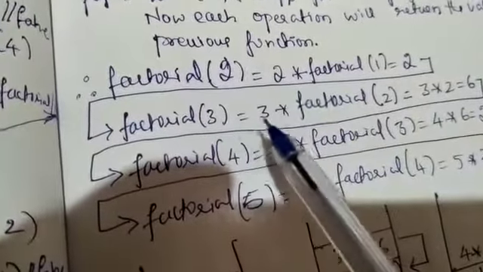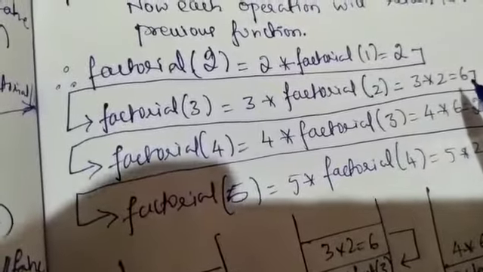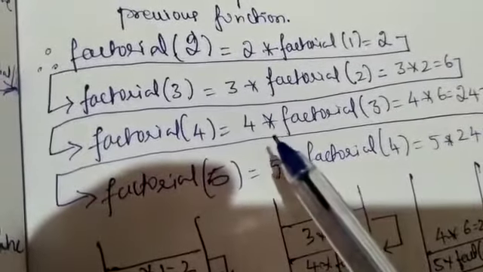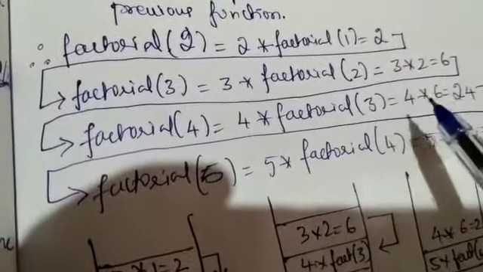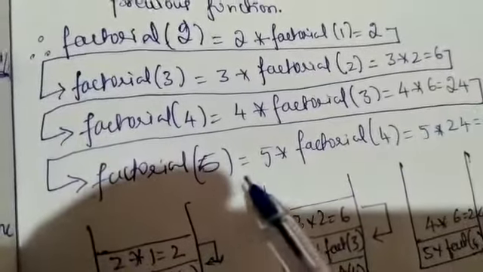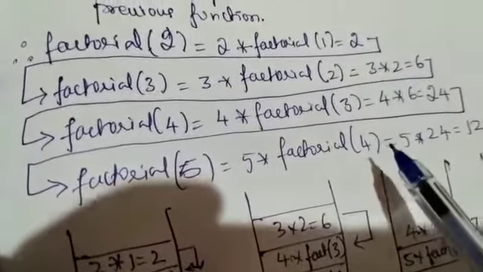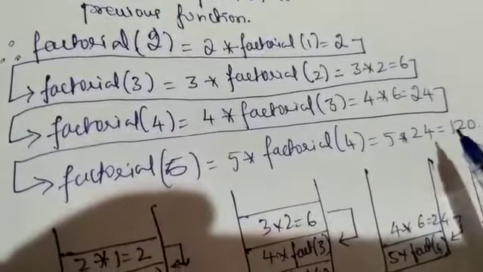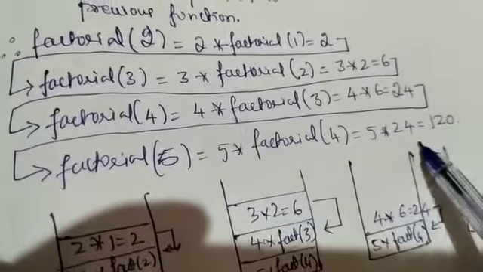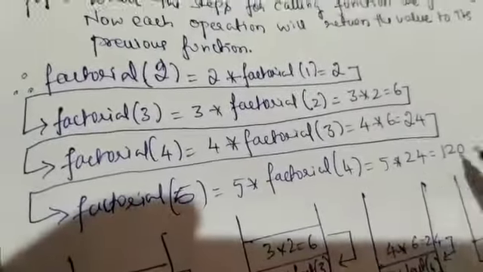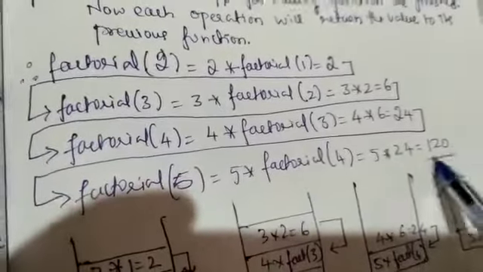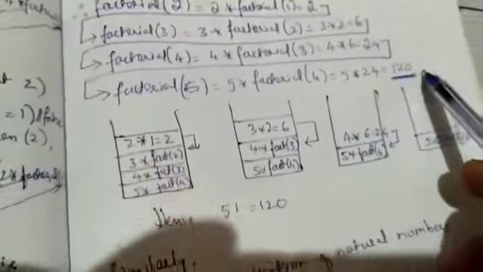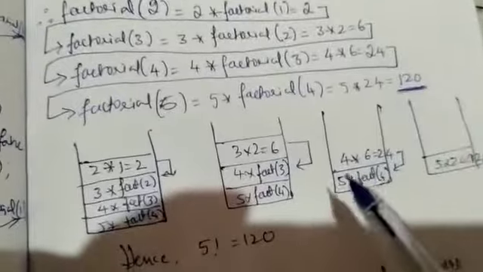Factorial of 3, which is equal to 3 into factorial of 2, is 6, it is going to return. Factorial of 4, 4 into factorial of 3, is 4 into 6 is 24. Factorial of 5, which is equal to 5 into factorial of 4, is 5 into 24, that is 120. At last the result we are going to get is 120.